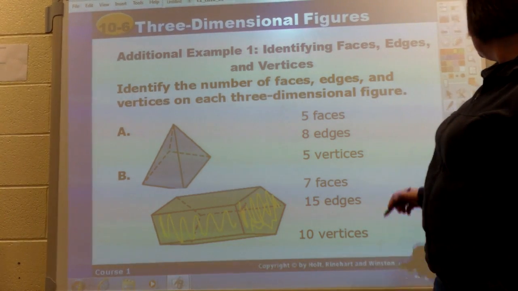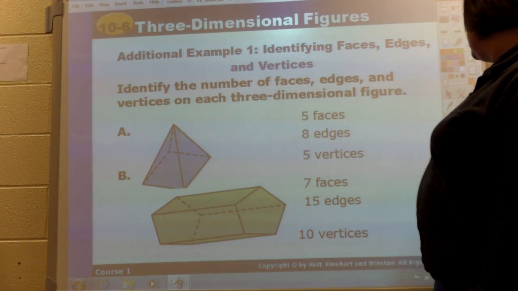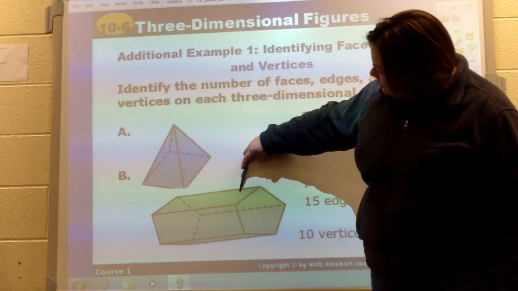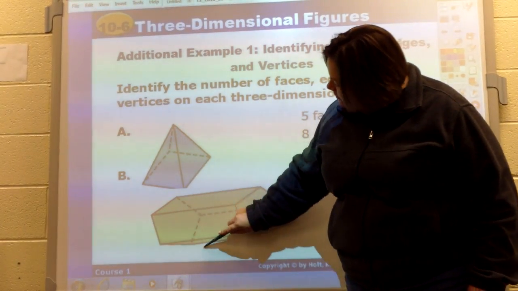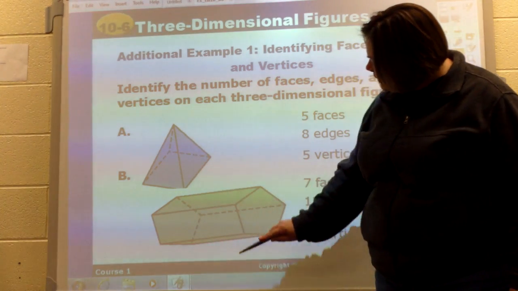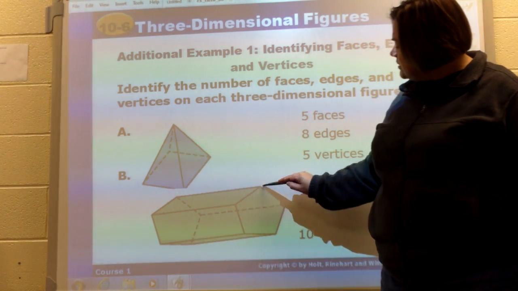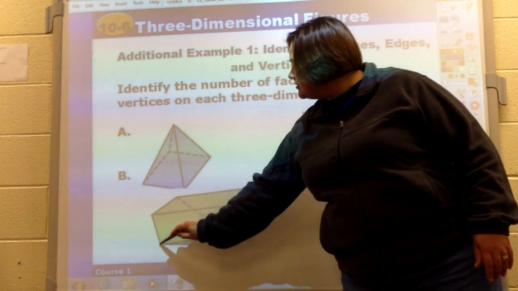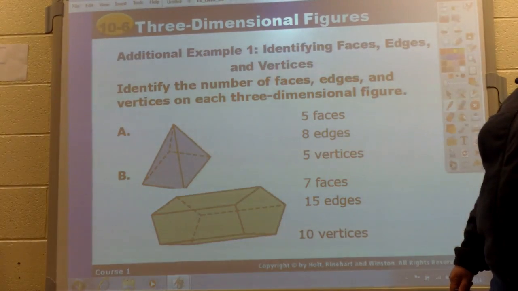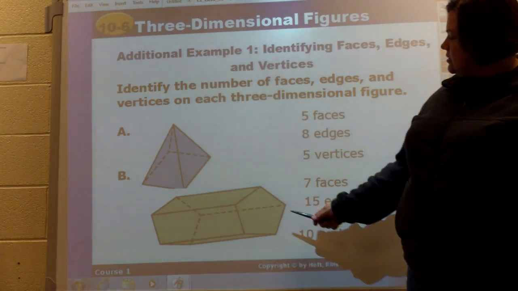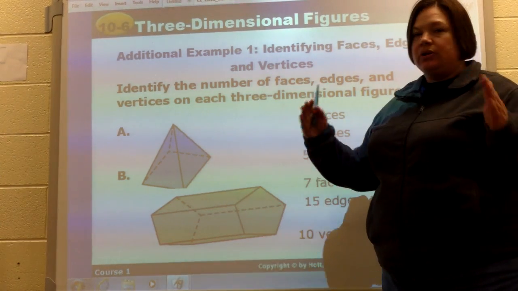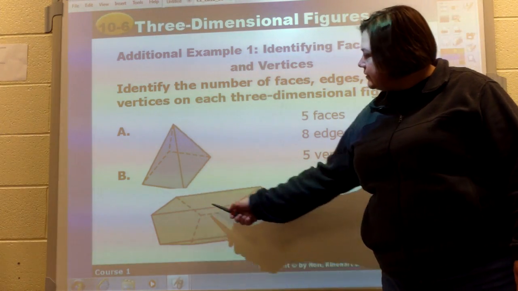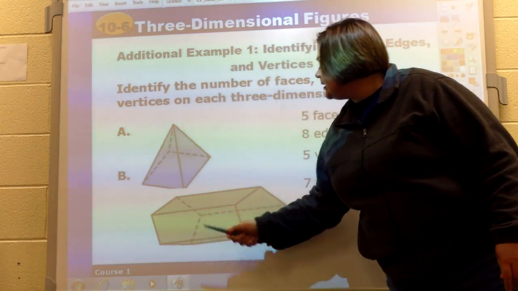So there's 7 faces, and there are 15 edges. We have an edge here, 2, 3, 4, and 5 going around, and then in the front 6, 7, 8, 9, 10, and then the back 11, 12, 13, 14, 15. And then your vertices are your points where they intersect. So we have 1, 2, 3, 4, 5, 6, 7, 8, 9, 10.